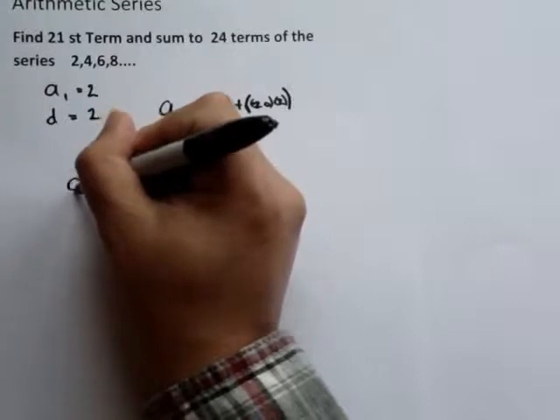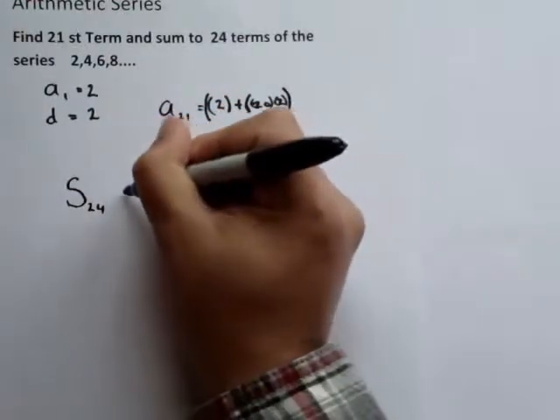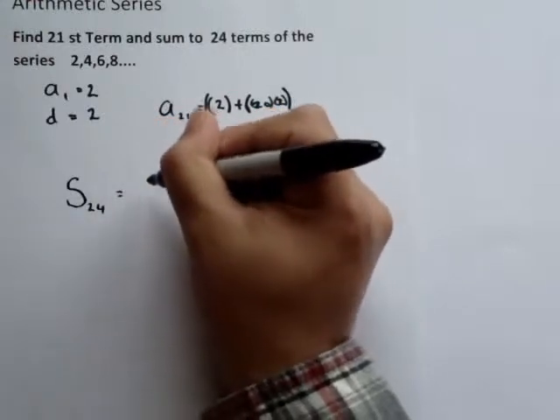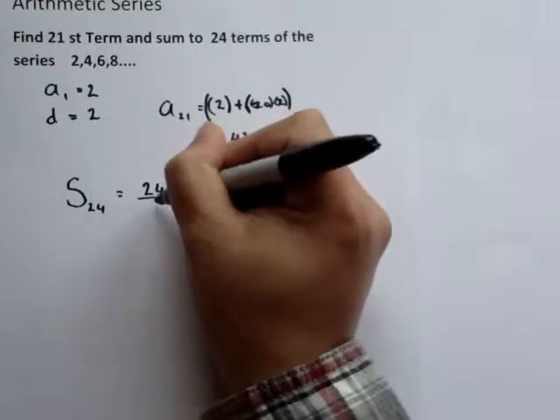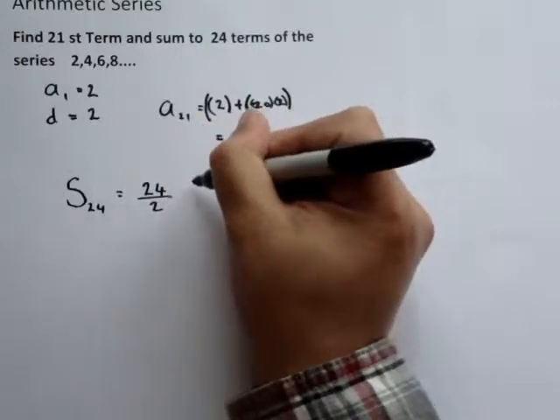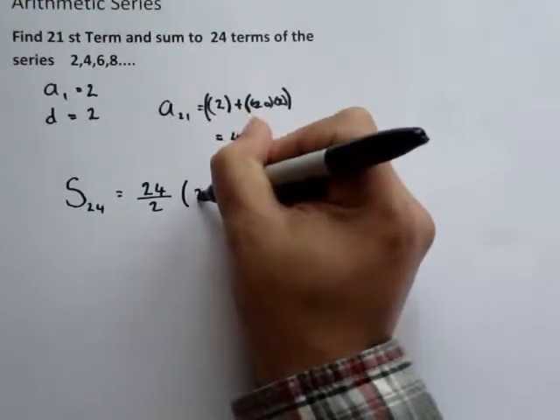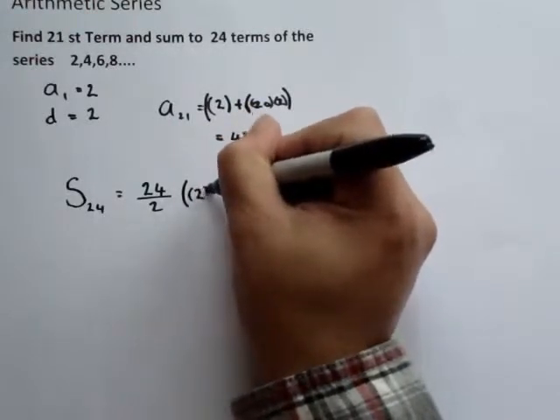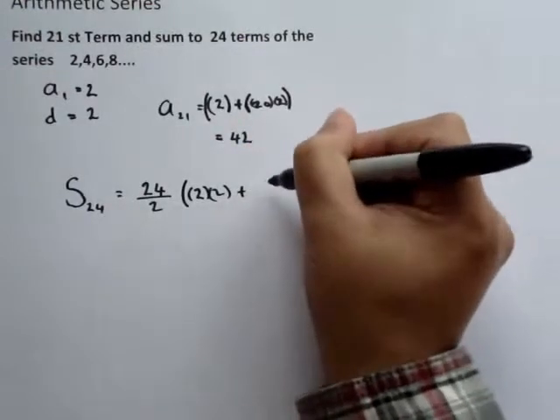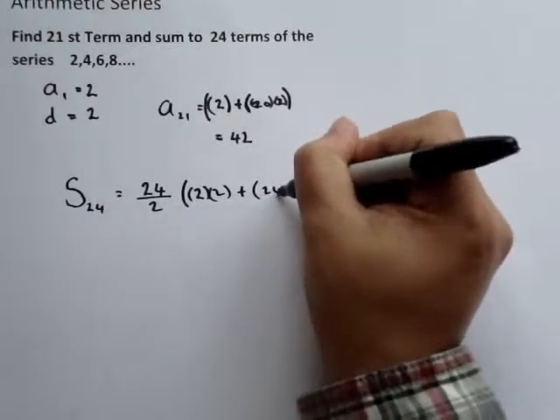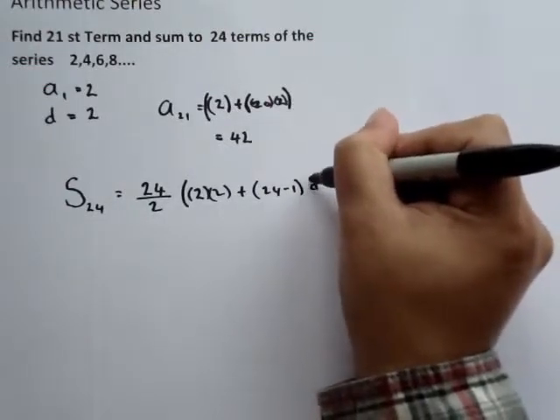So S24 would equal 24 divided by 2, and then our 2 multiplied by 2, plus 24 minus 1, and our difference again, which is 2.